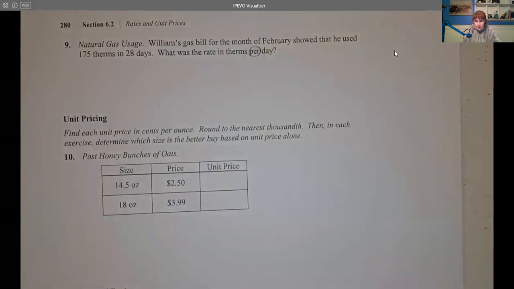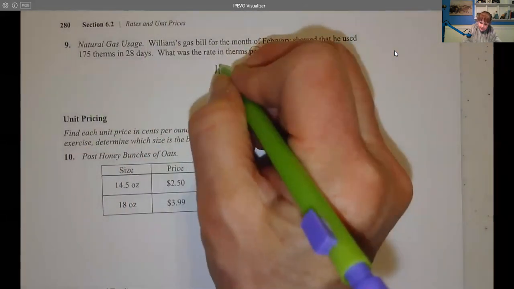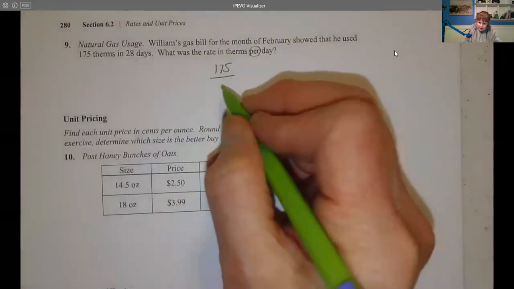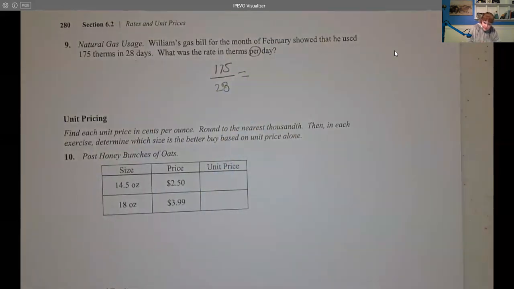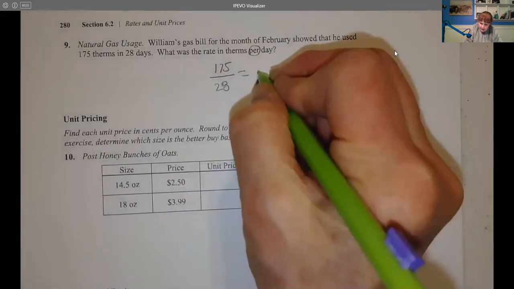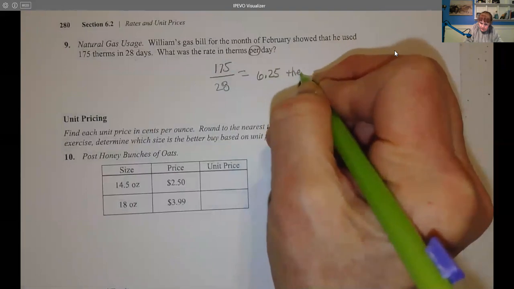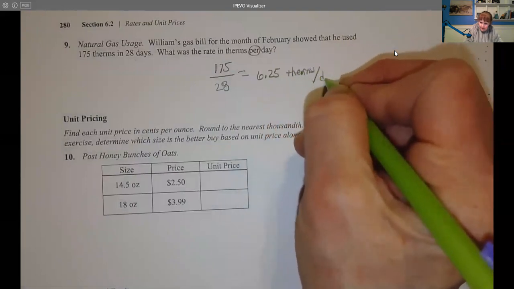So we're going to create a ratio. The therms in the numerator, 175, and the days, 28 days. We're going to divide them. 6.25 therms per day.